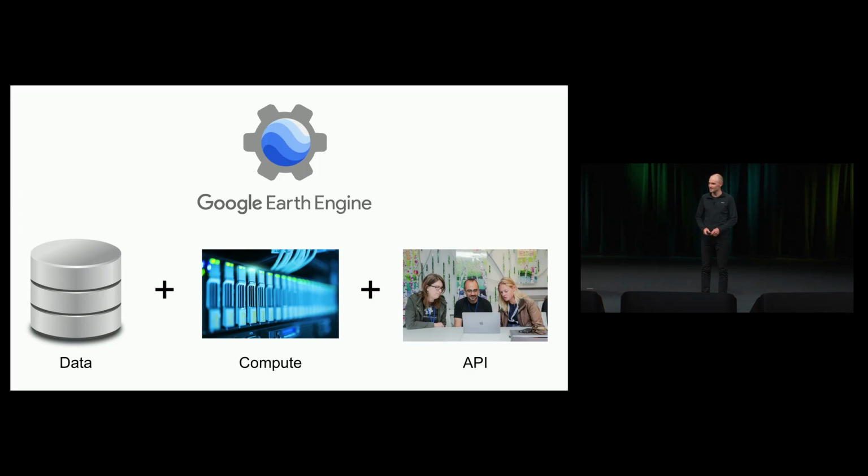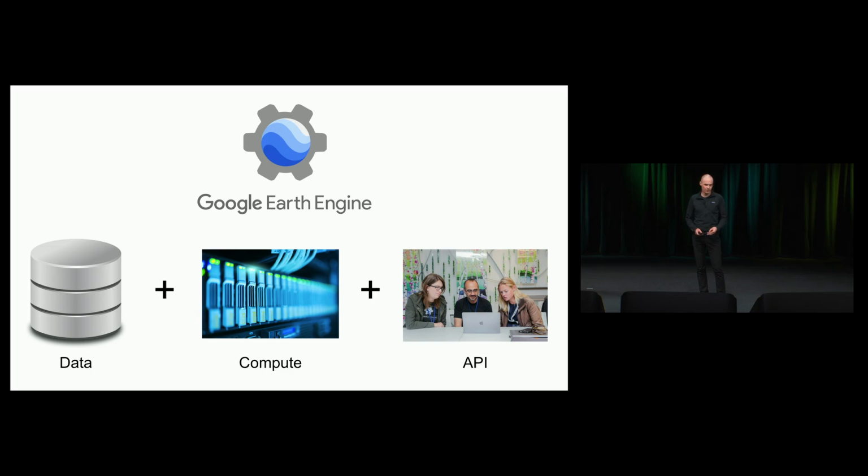So I'll just do a little overview of Earth Engine. It sounds like you must know about it, but just for completeness. Earth Engine is Google's cloud-based platform for geospatial analysis, for visualizing data, and doing analysis at sort of global scales.